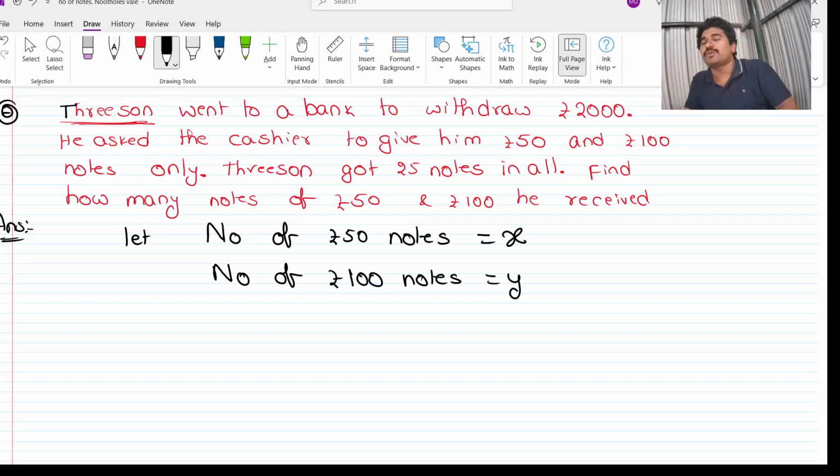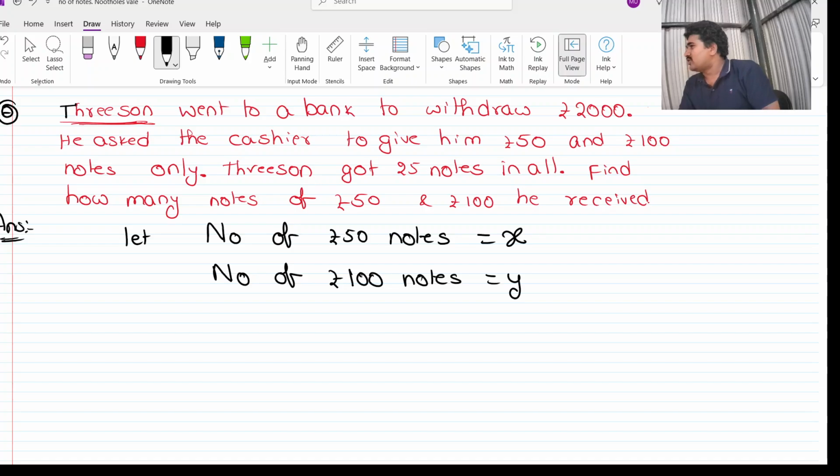Anybody has confusion in taking this? You need to find number of 50 rupee notes and number of 100 rupee notes. That's why you have chosen one as X, another one as Y.